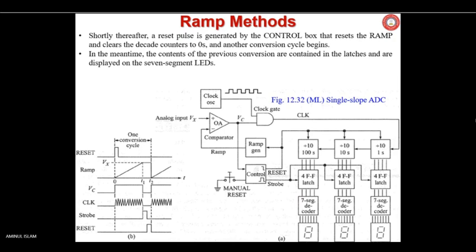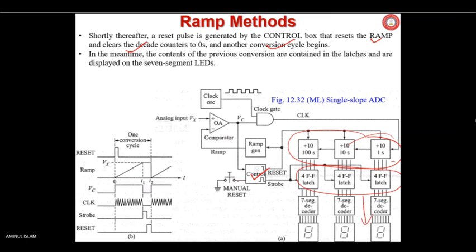Shortly thereafter, a reset pulse is generated by the count logic. This is the control logic box that resets the ramp and clears the decade counters, and another conversion starts. Once counting is over, the output of the counter is latched. Thereafter, it is available for driving the display.